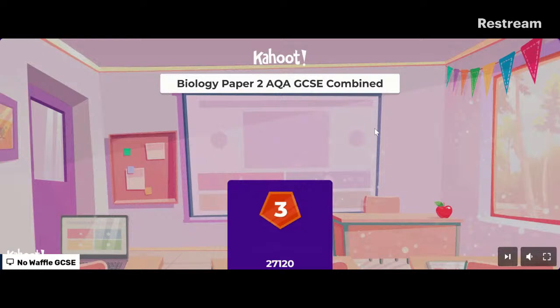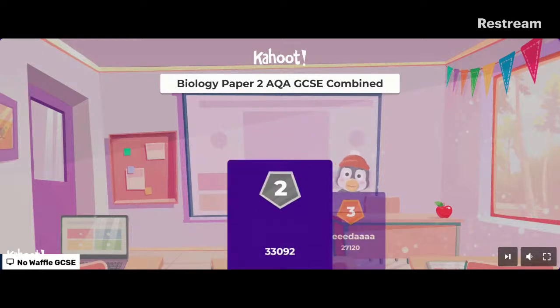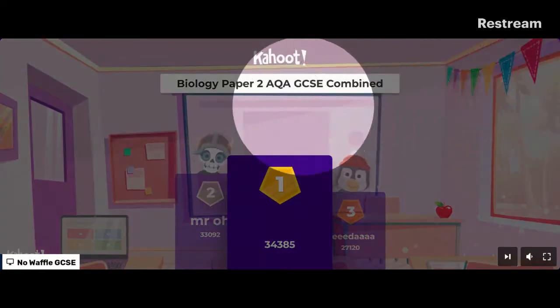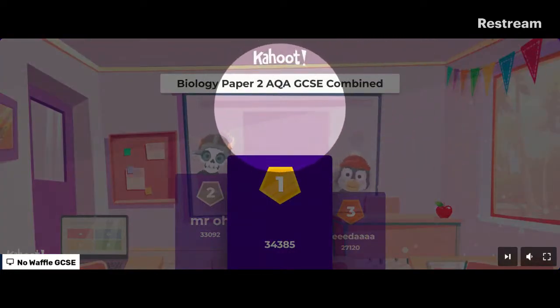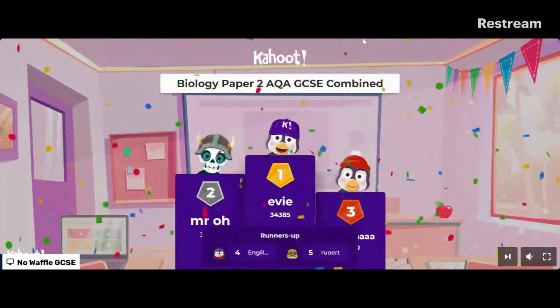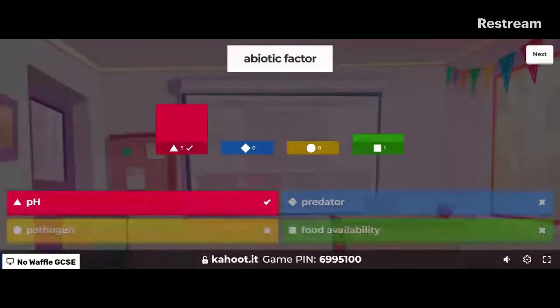Okay, looking at the combined science one, you've got Vida third place. Well done. Second, Mr. O. And first place, Evie. Well done to you three. Amazing job. And well done to everybody playing that game.